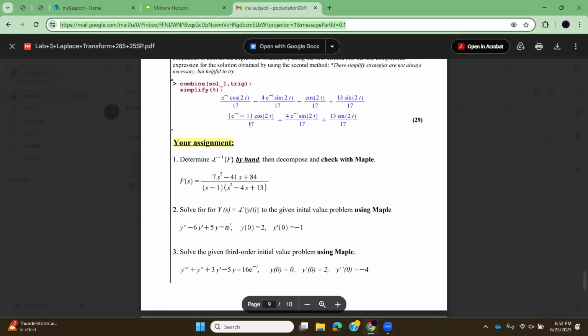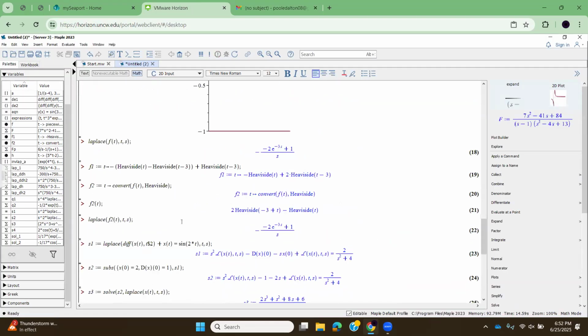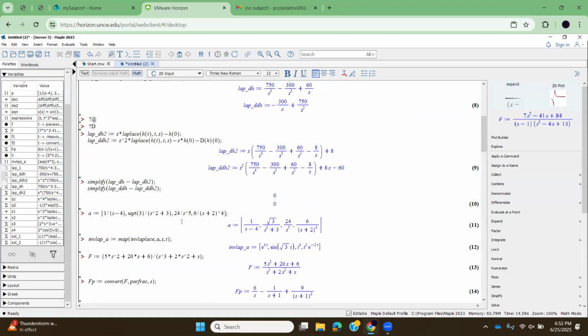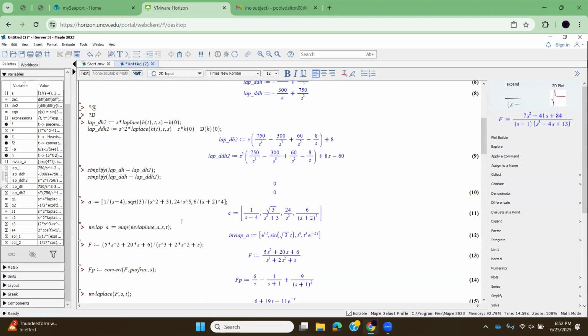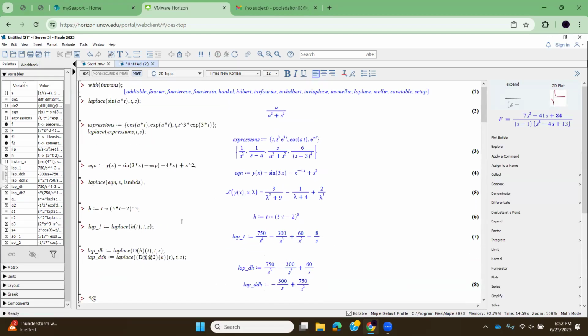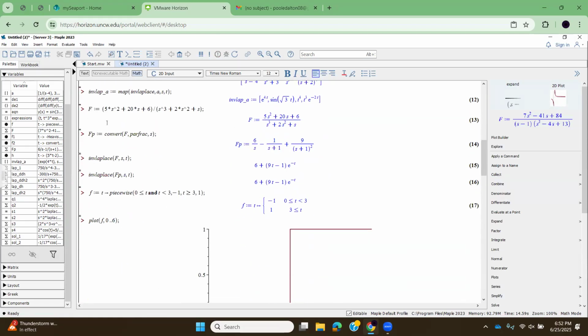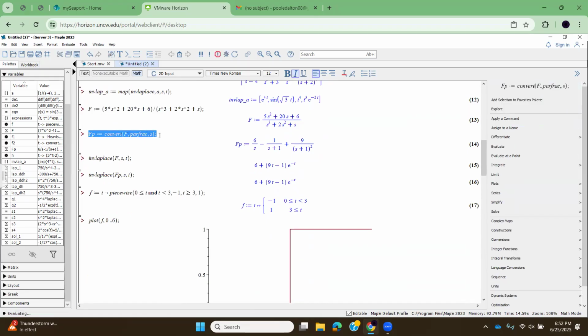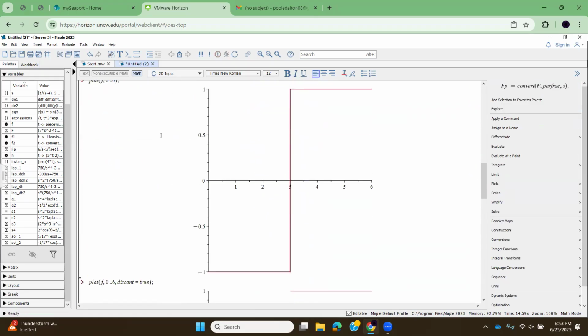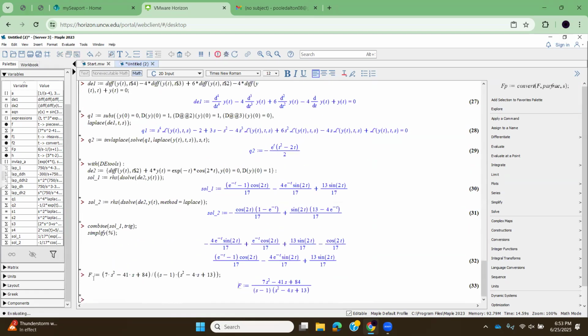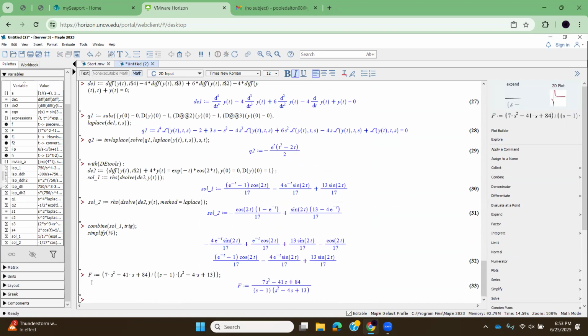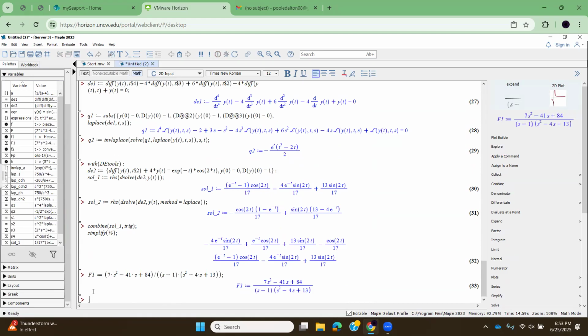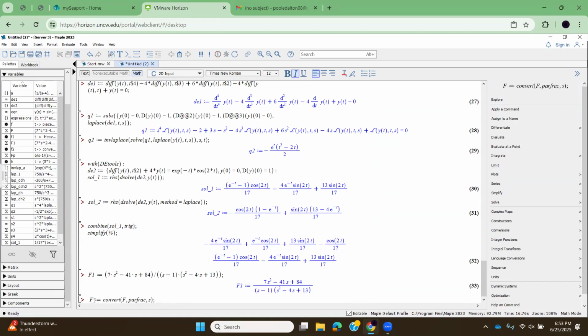So now we have that, and then we'll do that parfrac command. Some more up here. Where are you? Here we go. So we'll do this, but now what I'm going to do is I'm going to call this F1 to differentiate it from what we had before, and then we'll call this FP1, call that F1.